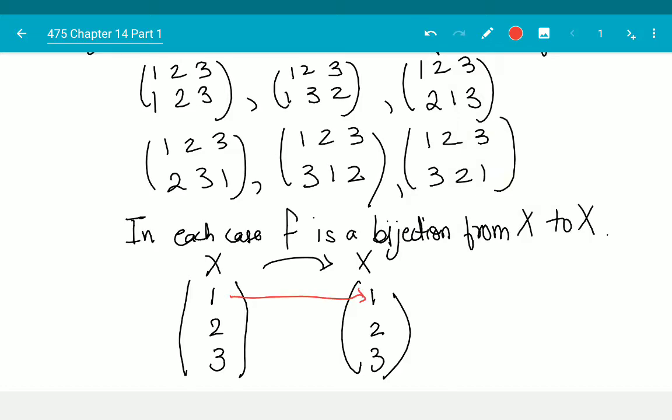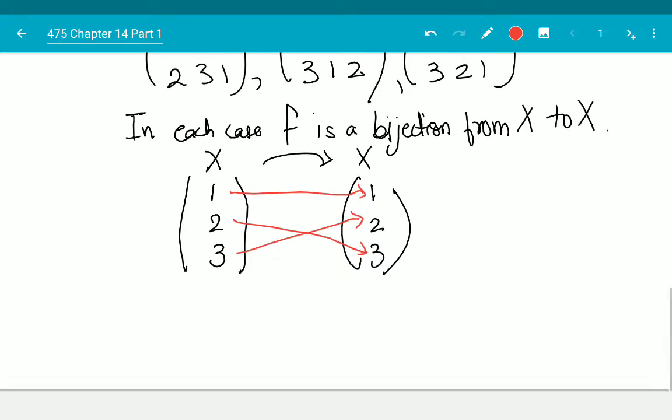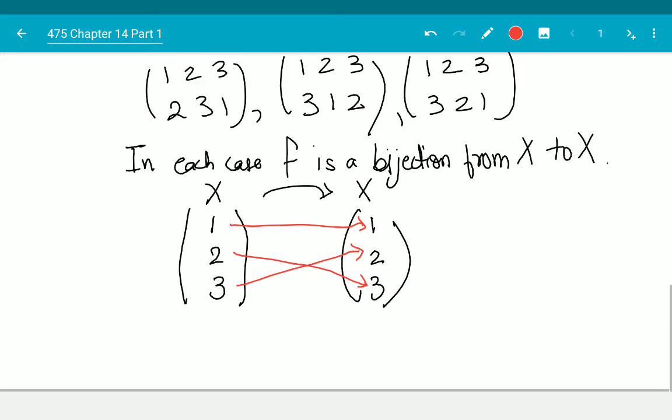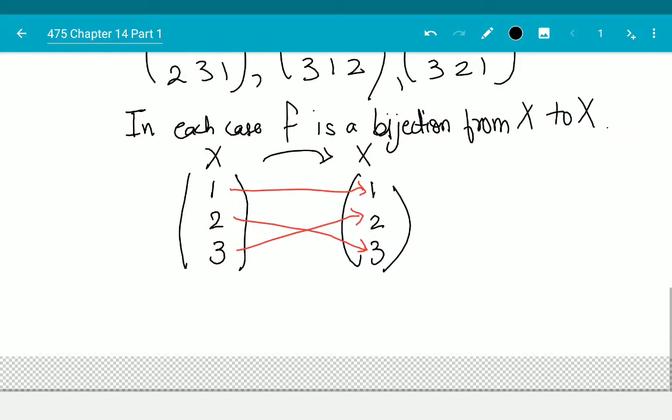One is going straight to 1. Great. Where is 2 going? 2 is going to 3, and 3 is going to 2. Similarly, I can do it for any of these other permutations. I can draw these arrows similarly, right?